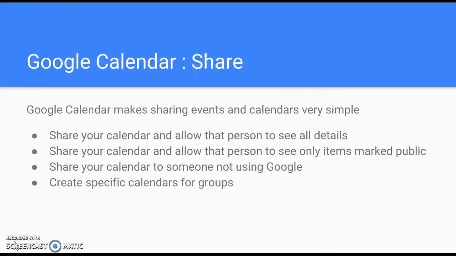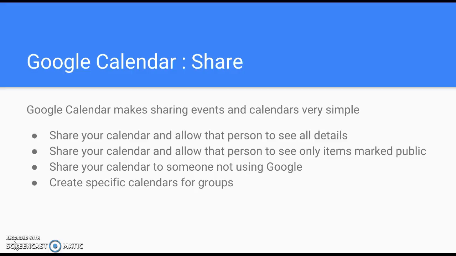Google Calendar has made sharing events and calendars very simple. They provide you some different options when doing so. So you can share a calendar and allow a person to see all details and all events, or you can mark certain events public to your viewing only.